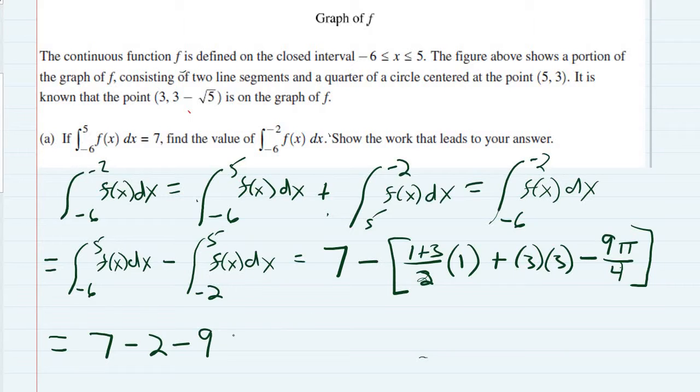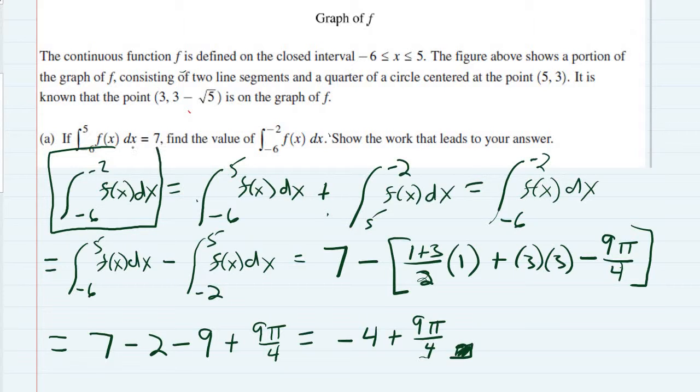This negative turns positive, 9 pi over 4. So combining those terms, 7 minus 2 is 5, 5 minus 9 is -4, plus 9 pi over 4. That right there is the answer to my integral that I started with, the integral from -6 to -2 of f of x dx.